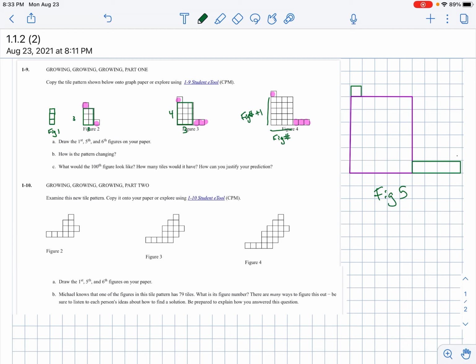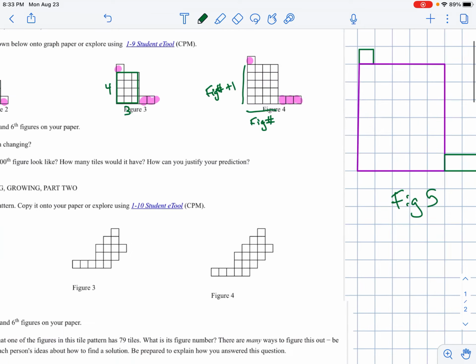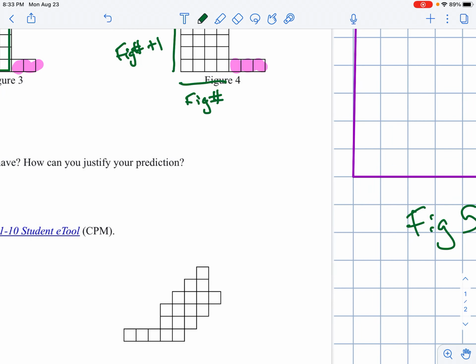We know that it's going to have a tail, and the tail is going to be 1 less than the figure number. Okay, and then we know it's going to have a rectangle. So the rectangle is going to have the base of the figure number and the height of 1 more than the figure number.